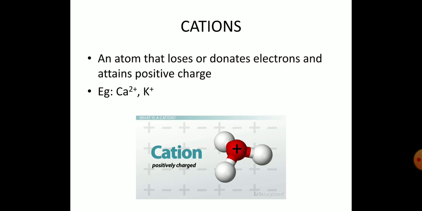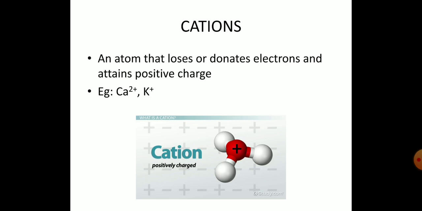Cations: an atom that loses or donates electrons and attains positive charge. So cations means an atom that loses or donates electrons and then it will attain the positive charge. We have the example of calcium. Calcium will lose 2 electrons, that is why it is written as 2 plus. That is, the two electrons which we have donated will be equal to the 2 positive charge.